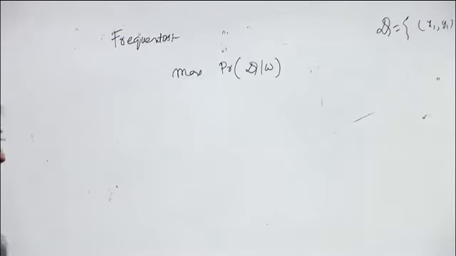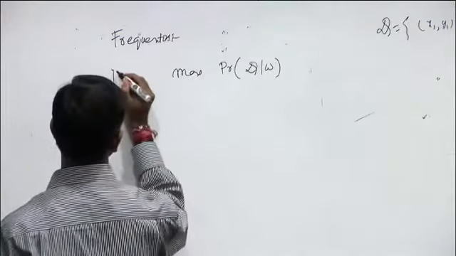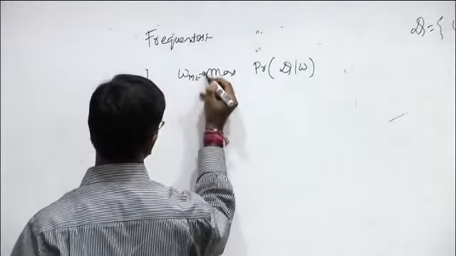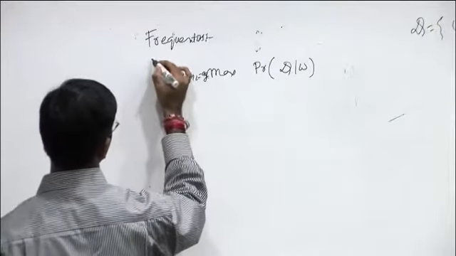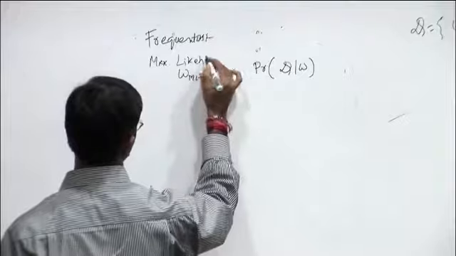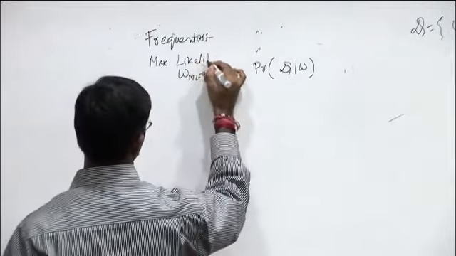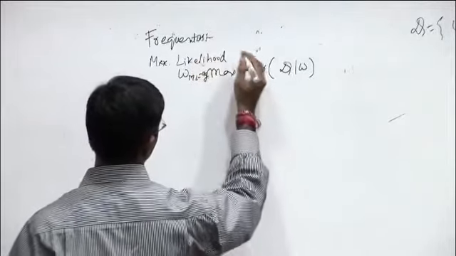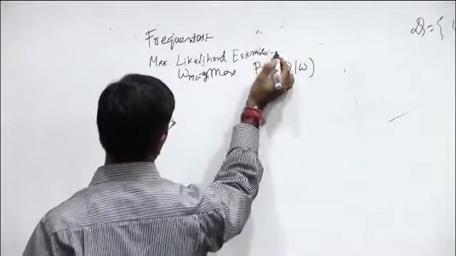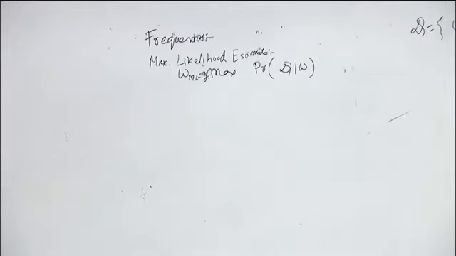Okay, and this is called the maximum likelihood estimate. So your w_ML is the argmax of this, and this is called the maximum likelihood estimate.